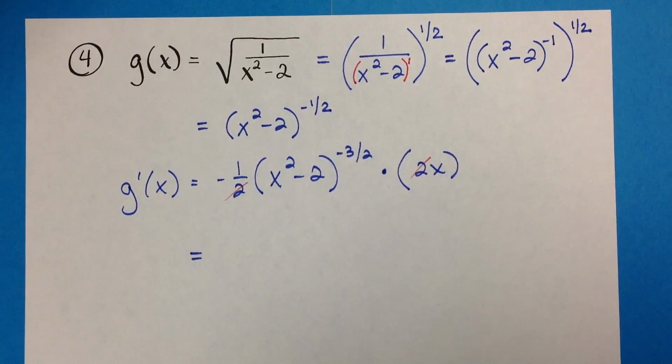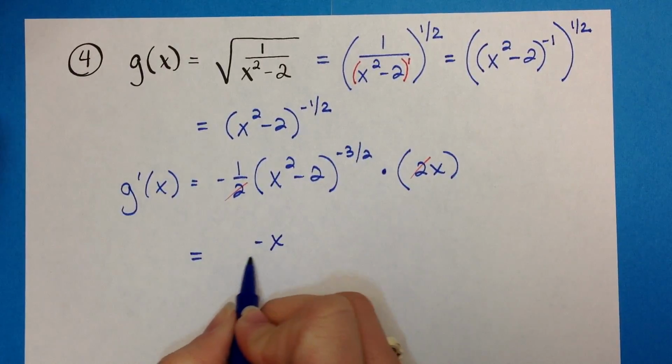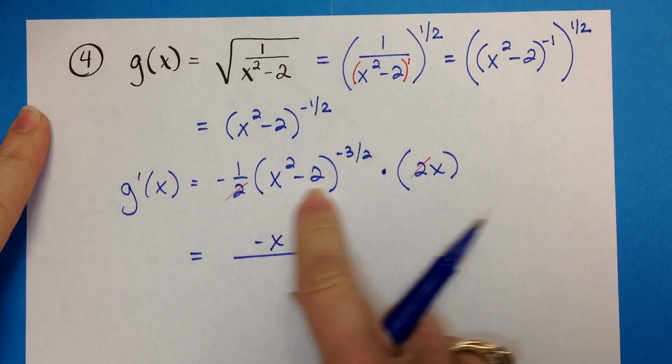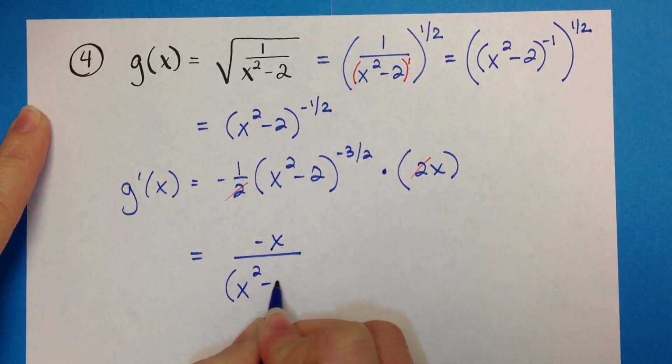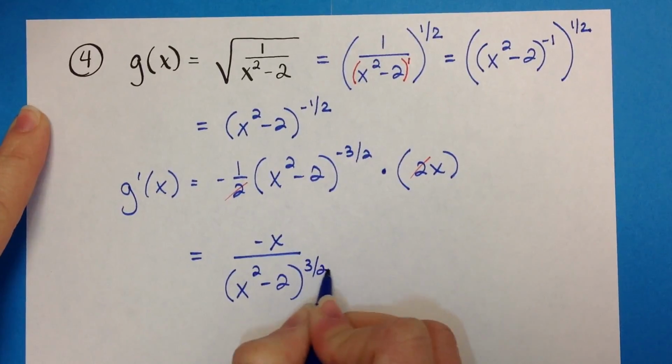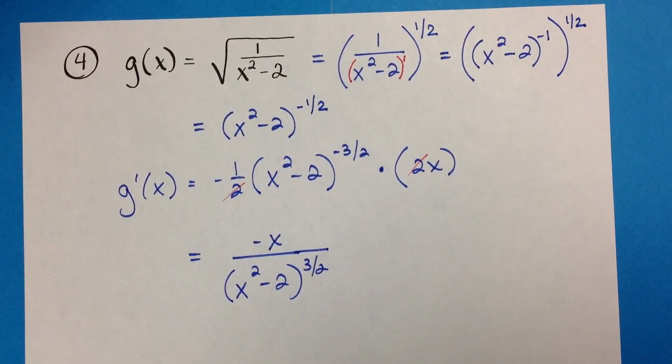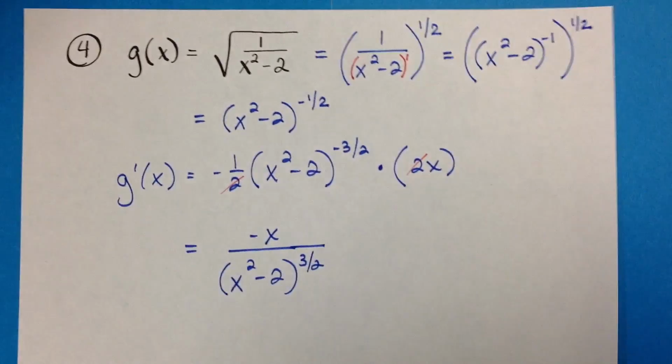So let's just go ahead and cancel those and get those out of the way. So that's going to leave me with -1 times x, so that's going to be a -x. But then I'm going to want to move this portion of it to my denominator so that my answer will be written with a positive exponent. So again, the key to lots of these problems is recognizing what you can do as far as rewriting. Okay, next.